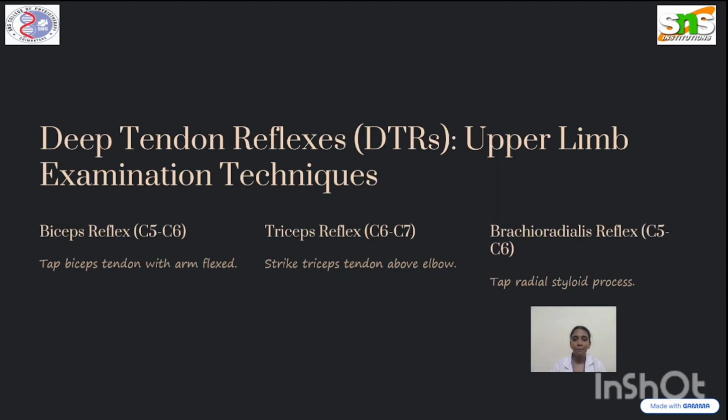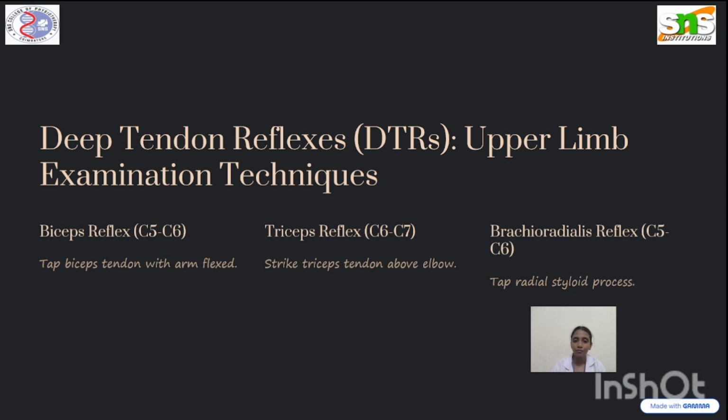Coming to deep tendon reflexes, there are deep tendon reflexes in the upper limb and also in the lower limb. In the upper limb, there are majorly three reflexes: biceps reflex, triceps reflex and brachioradialis reflex. The biceps reflex has the root value C5, C6. It is tested by tapping the biceps tendon with the arm in mild flexion.